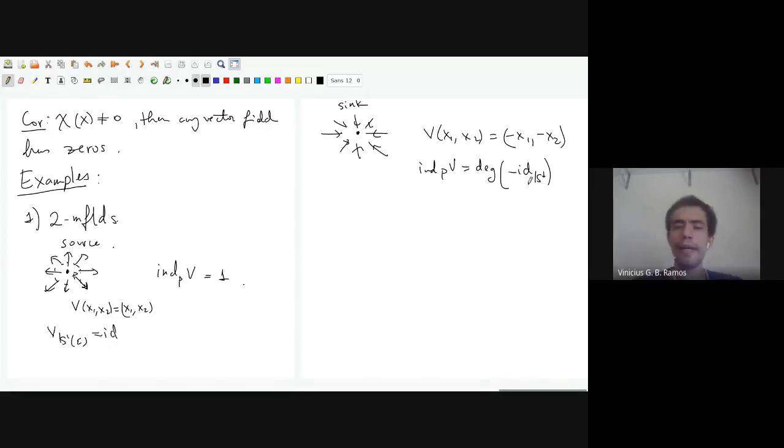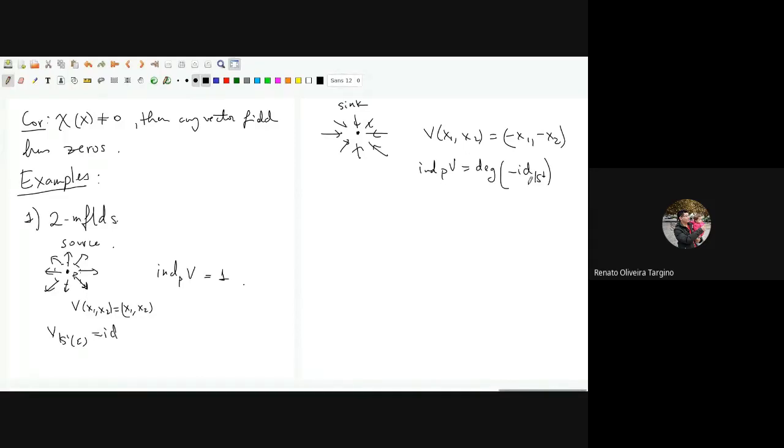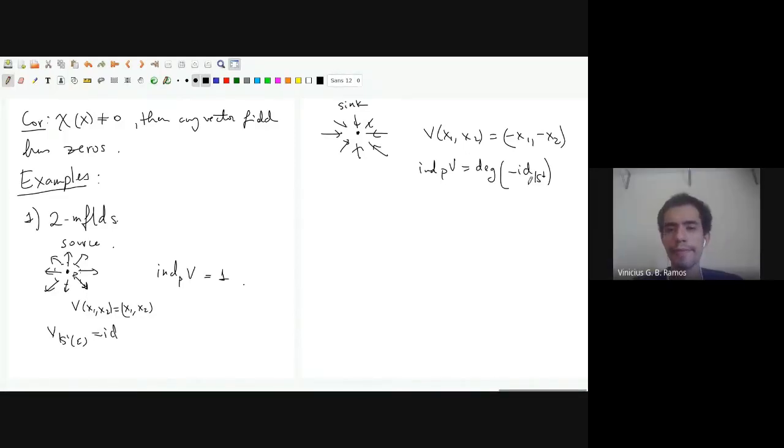And what's the degree of minus identity along S1? It's either plus or minus 1, but can you tell me which one it is? Minus 1. Minus 1? Why? All you have to do is see if this map, minus identity, preserves or reverses the orientation of S1.